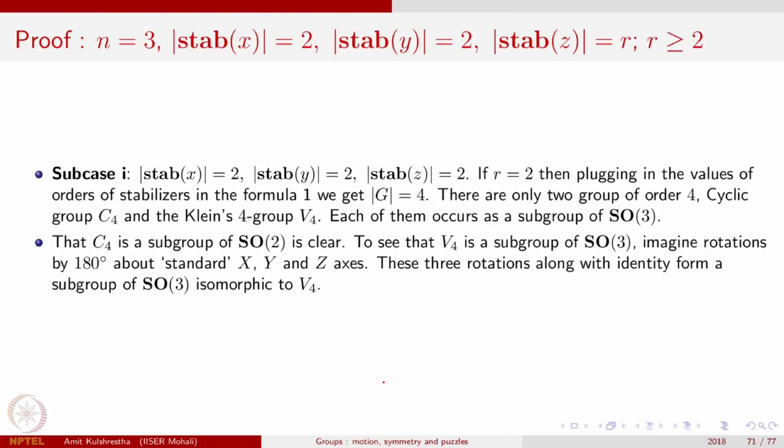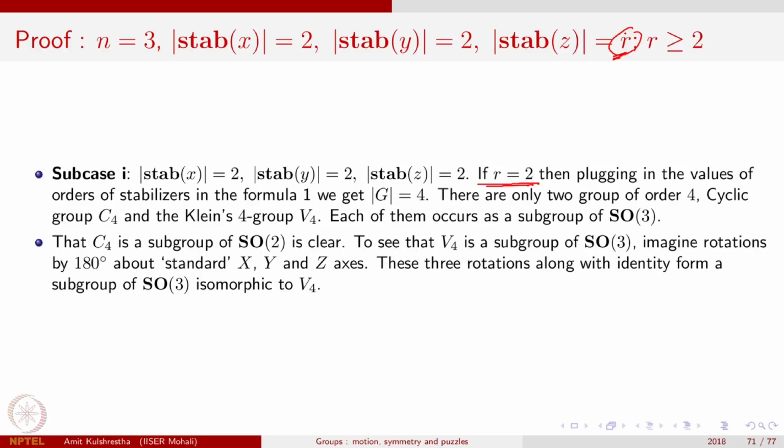Okay, consider this situation. When n is 3, stabilizer of x is of size 2, stabilizer of y is also of size 2, and stabilizer of z is of size, say, r. Then what happens? So if r is equal to 2, so stabilizer of z is also of size 2.